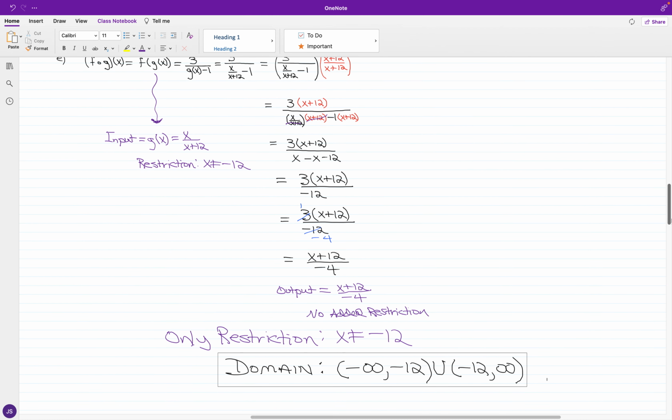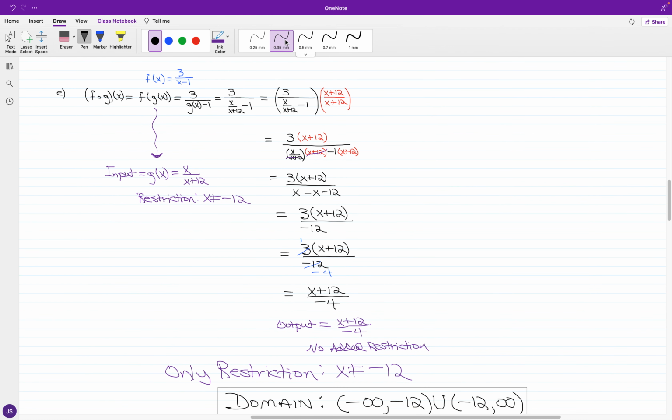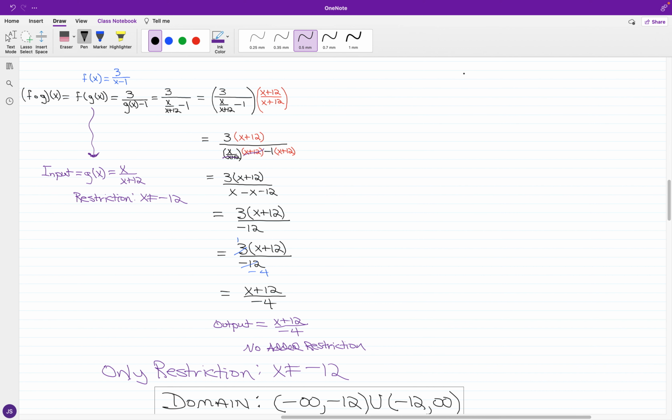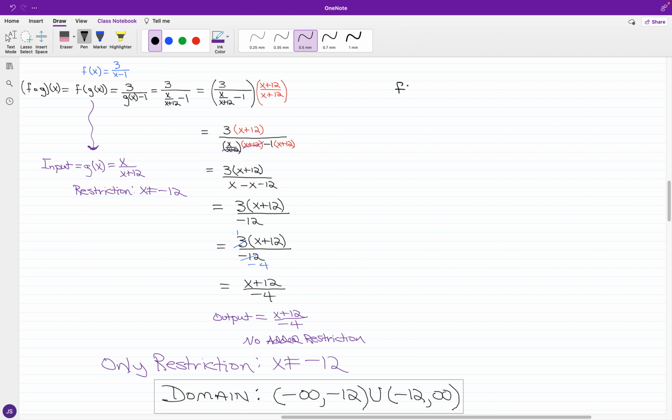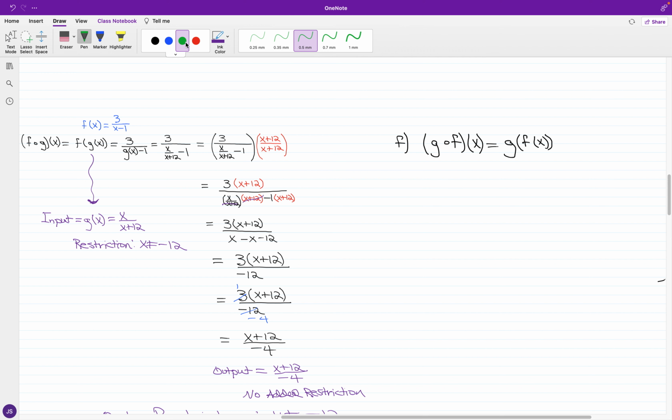And in the case of the reverse order, we have with this remaining problem g composed with f of x. Okay, so you have g of f of x. Now the output function, again, in line with g of x, is equal to x over x plus 12.